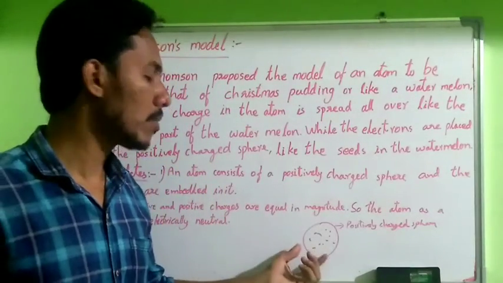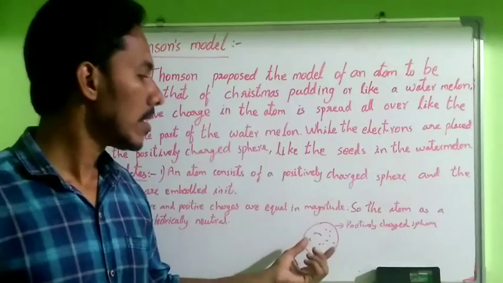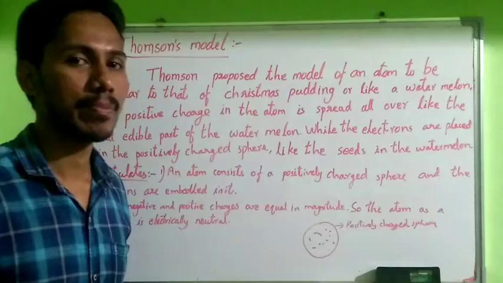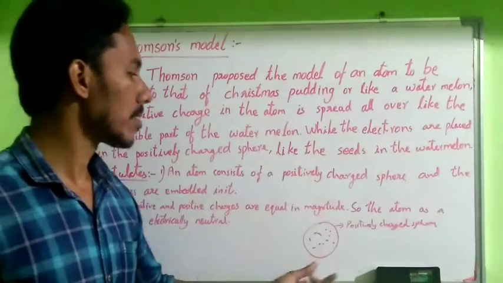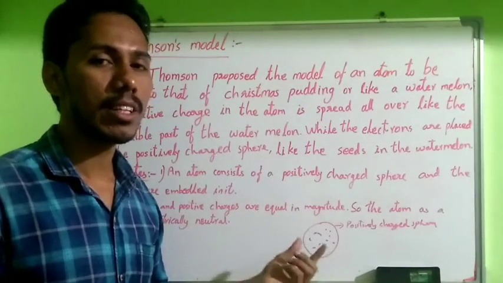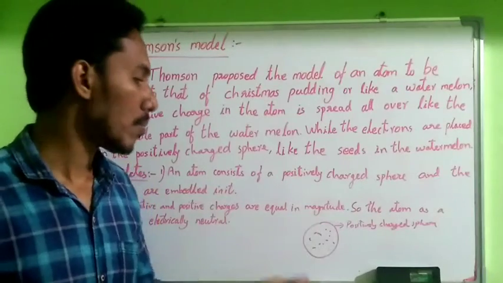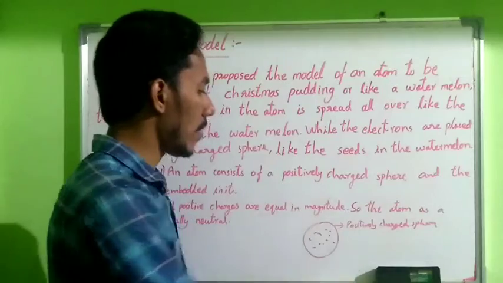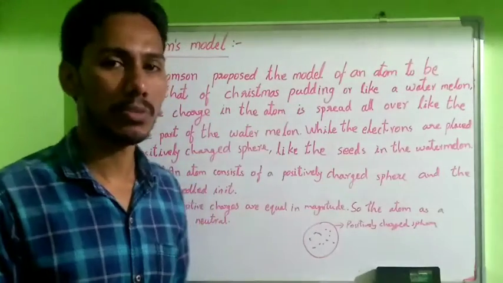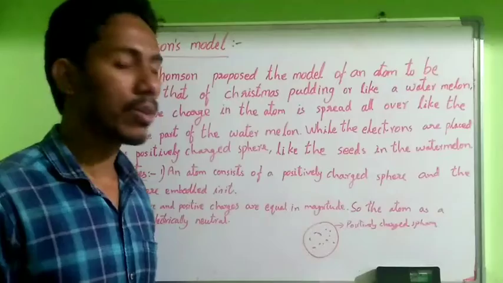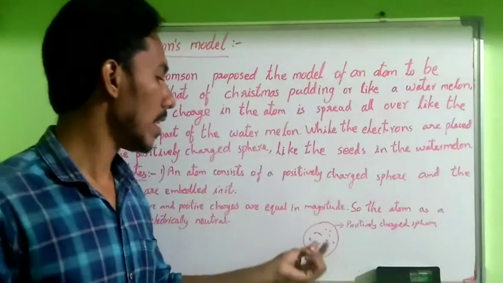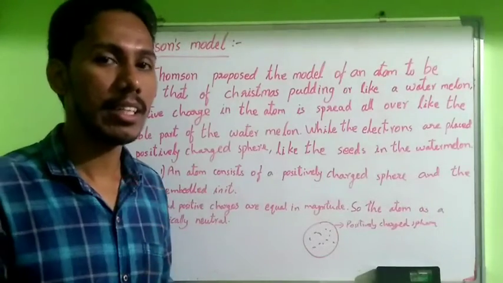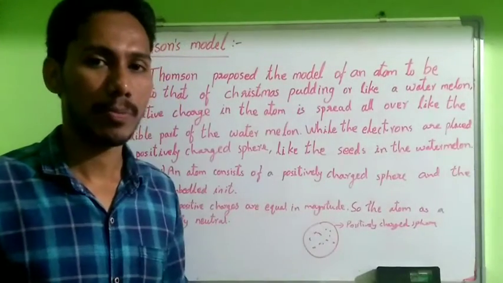He explained that an atom is like a watermelon or a Christmas pudding. The outer covering is a positively charged sphere, and the electrons are embedded in it like the seeds in a watermelon.